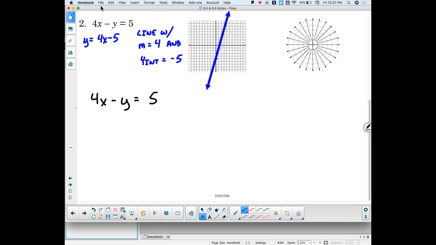So I'm going to have to get rid of x and get rid of y. What do I know x is equal to and what do I know y is equal to? Just cosine and sine? So put it all together. x equals what? x equals r cosine of theta.